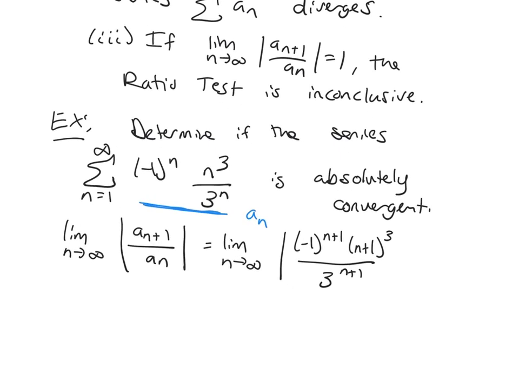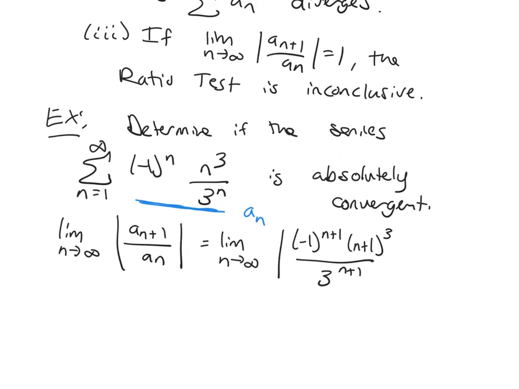You're going to now multiply by the flipped version of this: 3 to the n over negative 1 to the n cubed. You could write it divided by, but you're going to have a fraction over a fraction, and it's going to be ugly looking. So you just flip it.